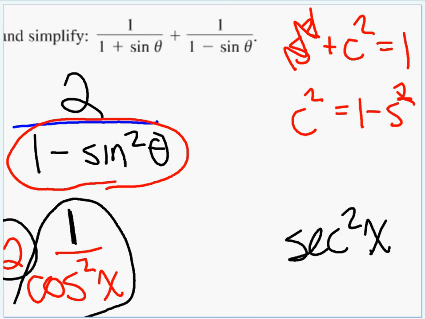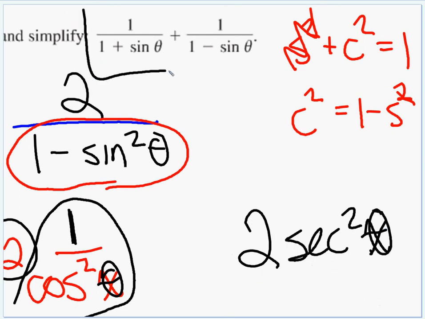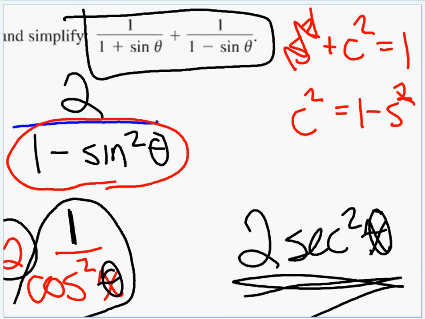And then don't forget we got that 2. 2 secant squared theta. So again, all of this mess, if we actually add them together, it boils down to a nice little old 2 times the secant squared of theta.